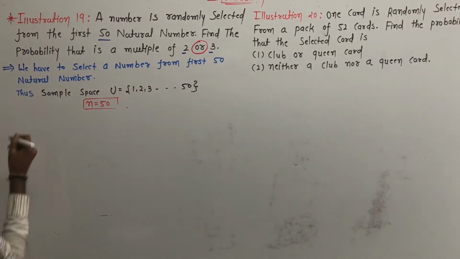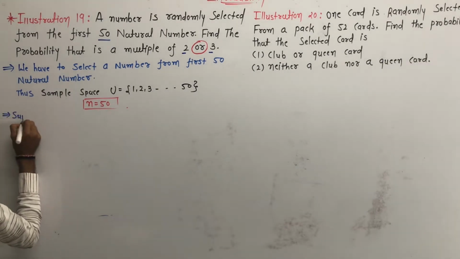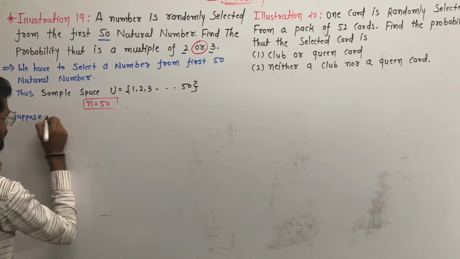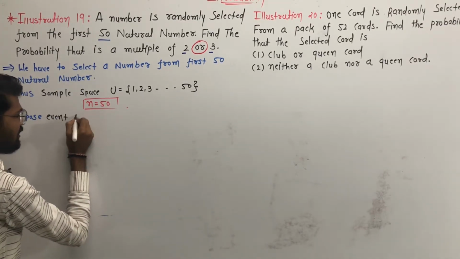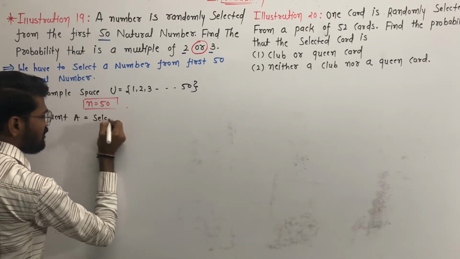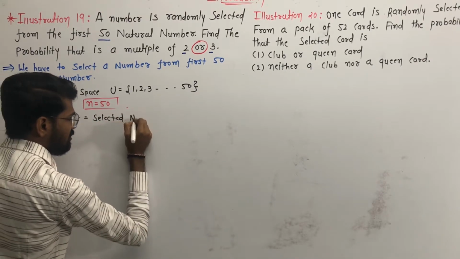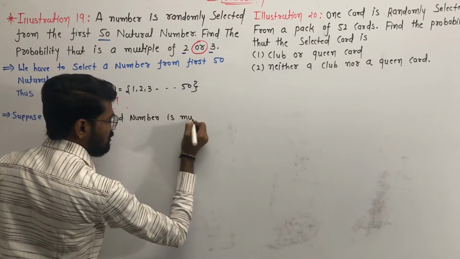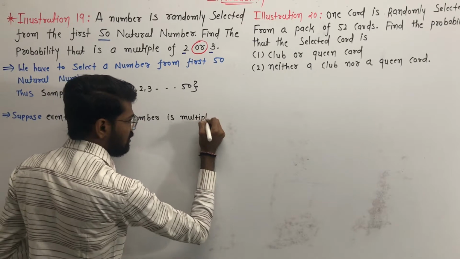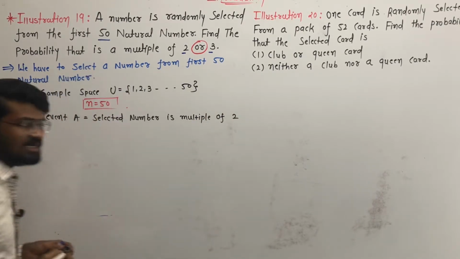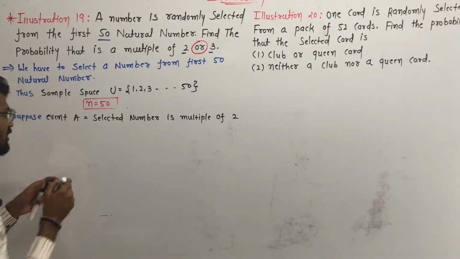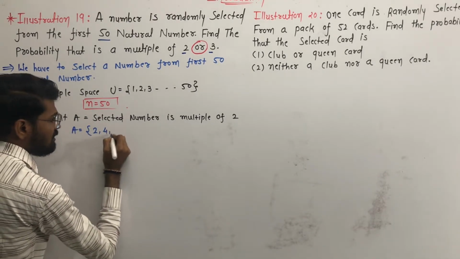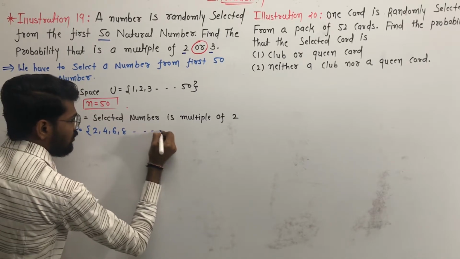Suppose event A is that the selected number is a multiple of 2. So our event A is equal to 2, 4, 6, 8, ... 50.